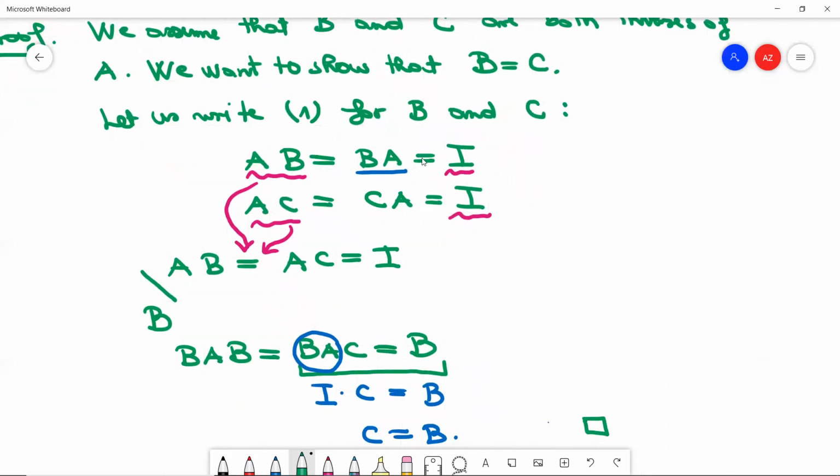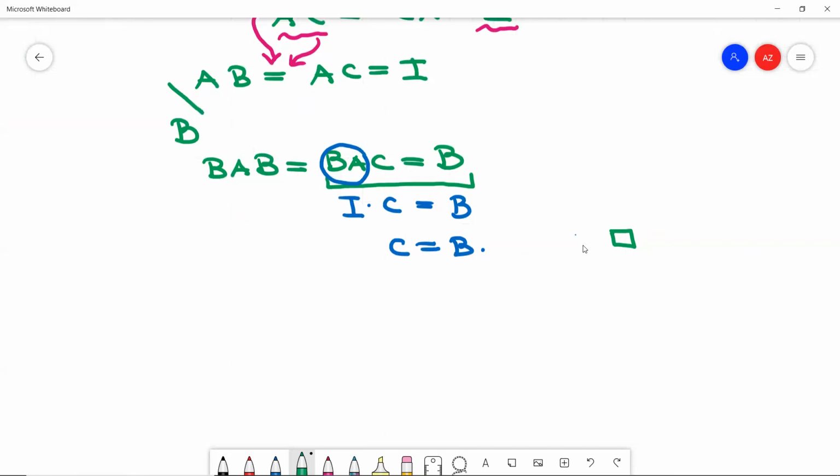So the idea was only to use those two systems and multiply by B. Use the violet equations once, and then to conclude, also use the blue one. Is this clear, or do I need to repeat some part? Okay, I assume it's clear.